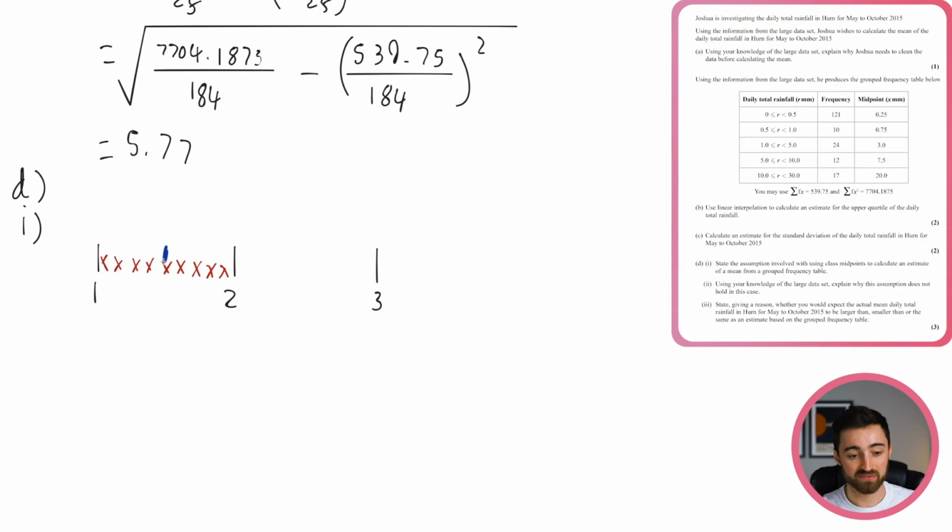If I have this many to the left and this many to the right, that's the same as having everyone in the middle, in terms of the mean. So that's the assumption we use: we assume that the data points within each class are uniformly distributed.